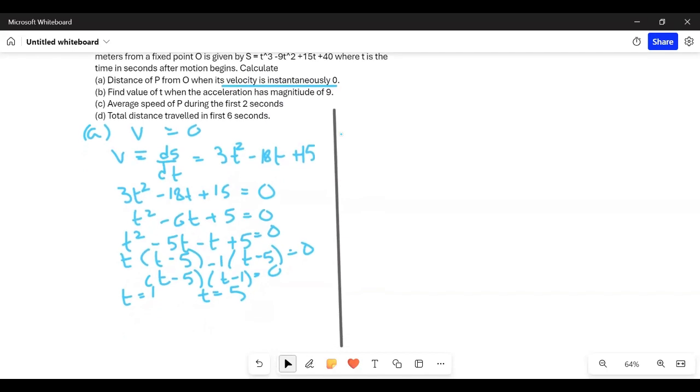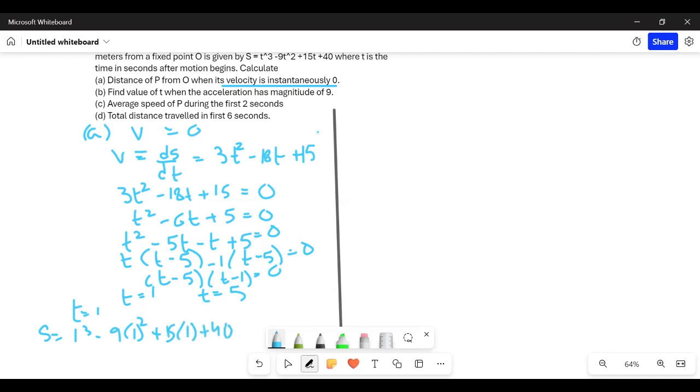So when time is equal to 1, then s is going to be 1 cubed minus 9 times 1 squared plus 15 times 1 plus 40, which gives us 47.